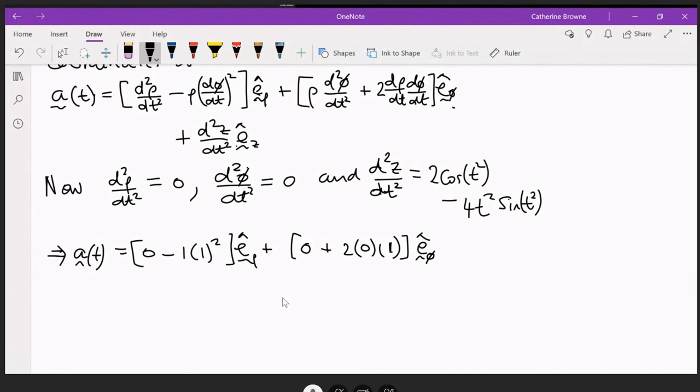And then we just need the second derivative of z. So that's 2 cos t squared minus 4t squared sine t squared.